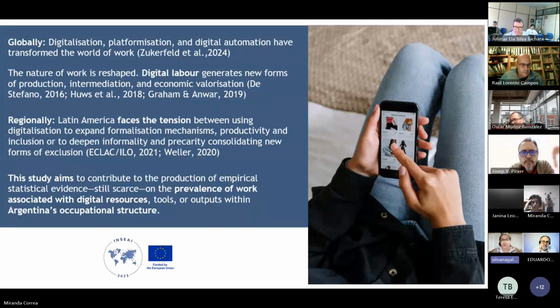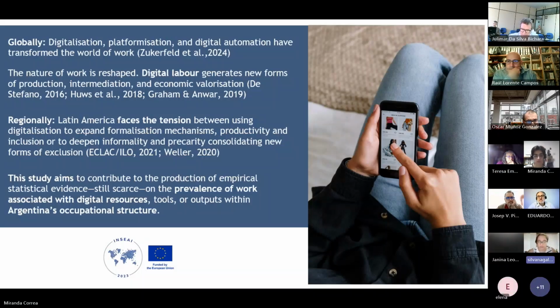We first identify a global and a regional context. Globally, we recognize three trends: digitalization, platformization, and digital automation that have transformed the world of work over the last few decades. As a result, the nature of work has changed, and digital labor generates new forms of production, intermediation, and economic valuation.